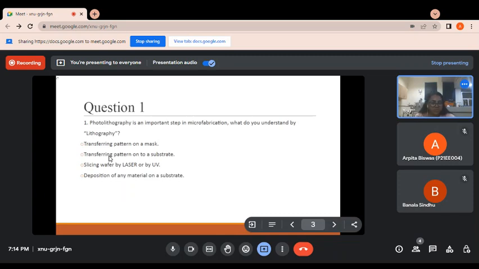Banala Sindhu, you got the answer? Yes, ma'am. Lithography is a pattern transferring process, where the pattern is transferred onto the substrate, from the mask to the deposited material.